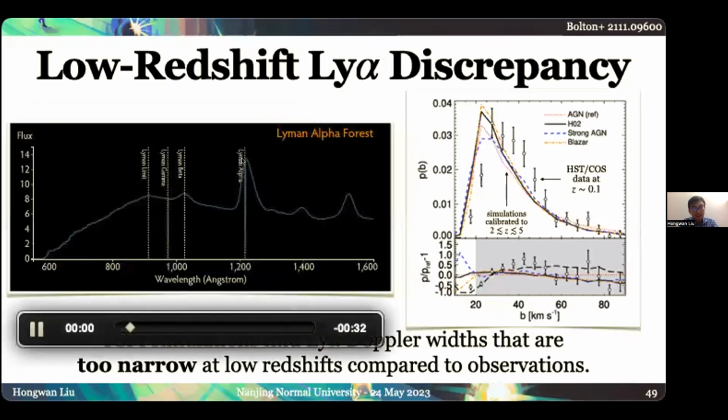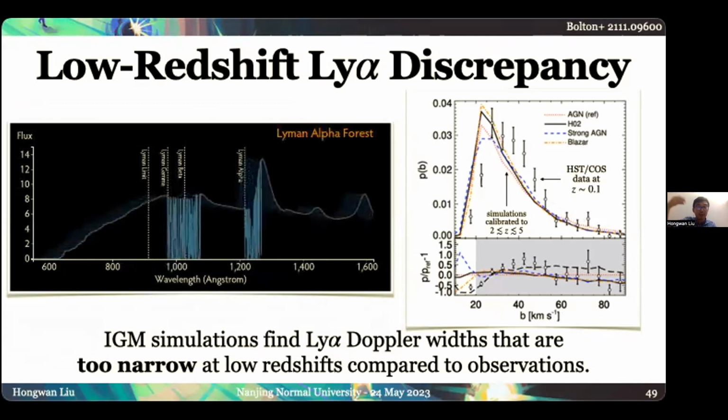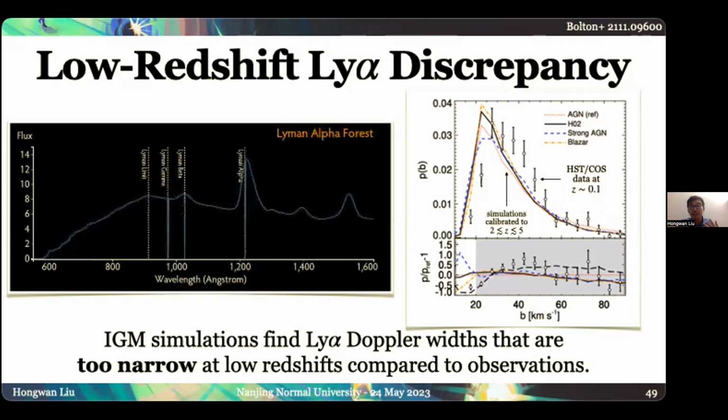Now, let's take a closer look at what the Lyman-alpha data actually says. Let me just remind you briefly how the Lyman-alpha forest works. You have some quasar that is very far away, something that's emitting UV radiation at very high redshifts. As the emitted spectrum travels from the source to us, the spectrum redshifts, and then it passes through different regions where you have pockets of neutral hydrogen. Neutral hydrogen absorbs UV radiation very efficiently, because there are all these hydrogen energy levels that can absorb a photon, causing the hydrogen atom to excite.